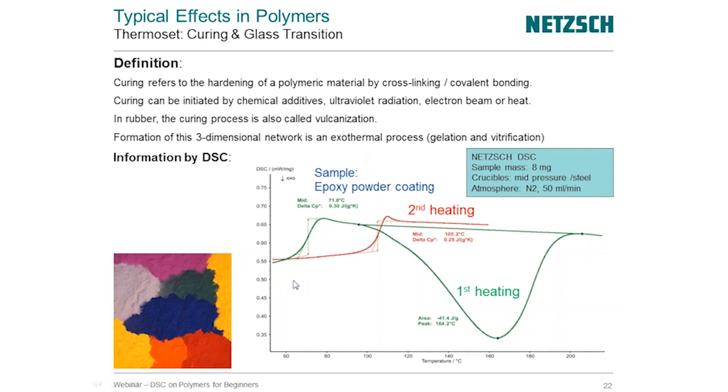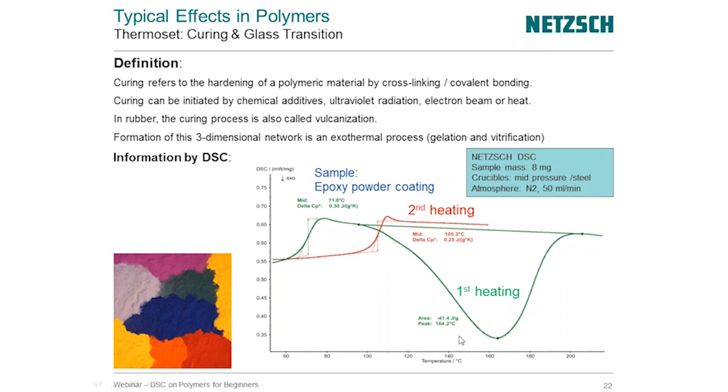In green we see the first heating of the material, and in red the second heating. In the first heating we go through the glass transition of the material, where it becomes more loose or more flexible. But then we actually go through the curing process itself, and so you see this exothermal behavior. Again, in this nomenclature, exothermal is in the downward direction. So here's your exothermal behavior in the first heating.